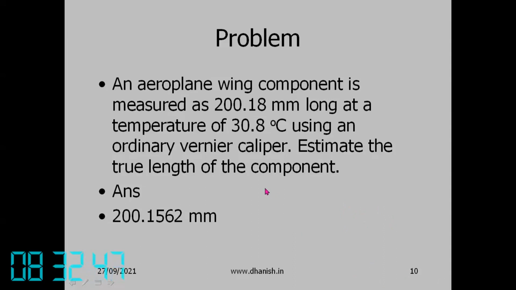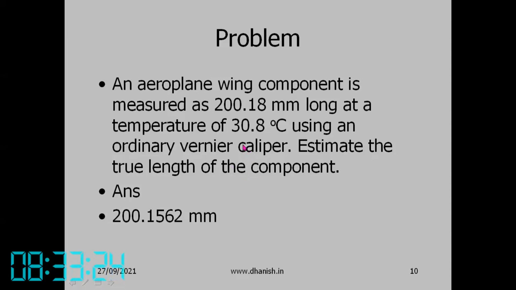So most measuring instruments are also of steel. So the thermal expansions will get cancelled out, provided both the instrument and the workpiece are at the same temperature. As long as you don't heat up the component, or there is no differential temperature, if your vernier and the workpiece are both at the same temperature, then the thermal expansion will get cancelled out.